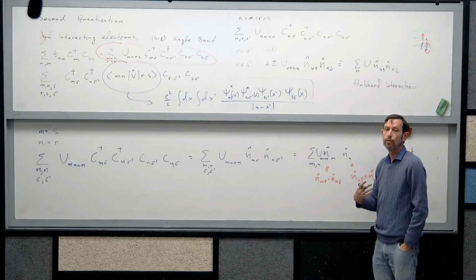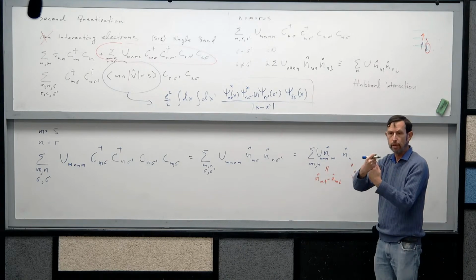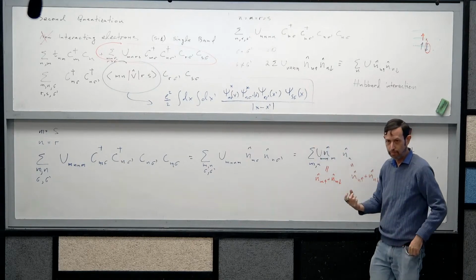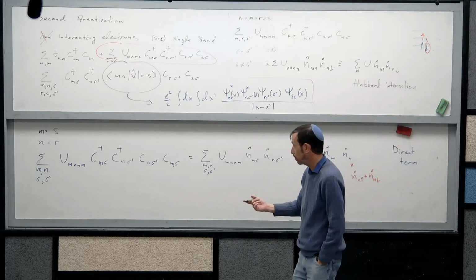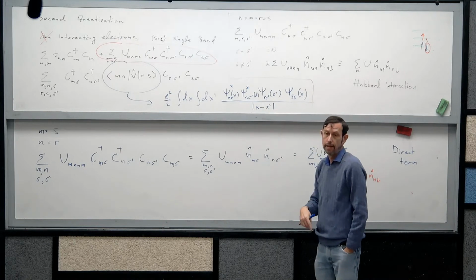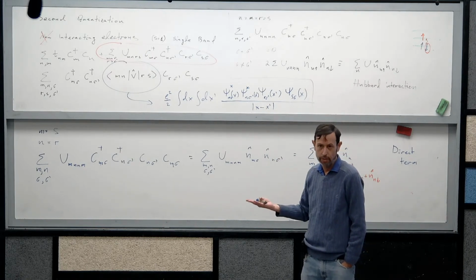You should stop and think about it, because indeed Hubbard is much stronger, but here you have a lot of different possible points and all of them can contribute, and usually, unless you have some screening or some reason that the interaction falls off quickly, a lot of these points contribute.